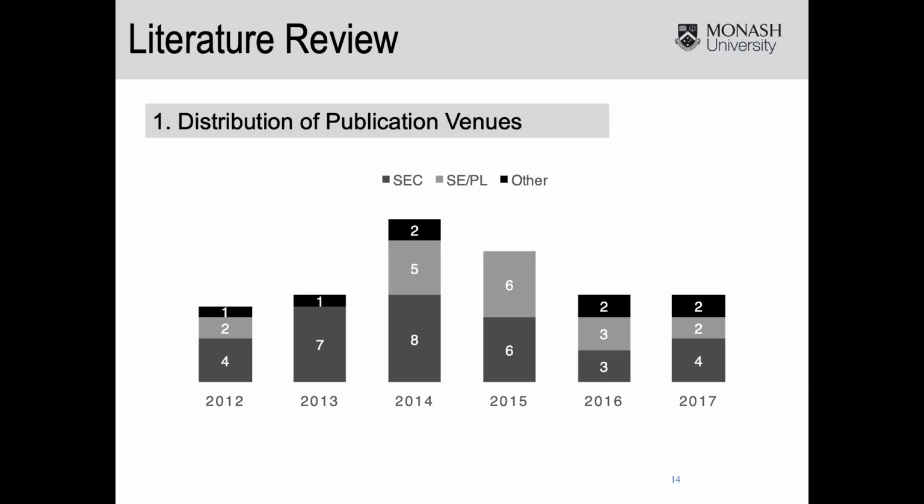So when we first look at the distribution of the publication venues, as you can see, until 2015, most of the papers are published at security venues, while after that, more and more papers start to appear in software engineering venues. And for the number of papers, we observe a peak at 2014, and afterwards the number is slightly decreasing.